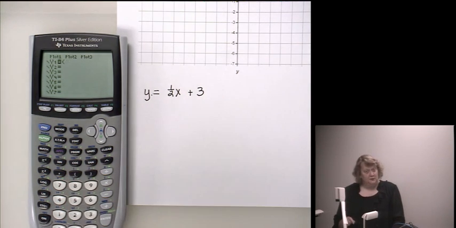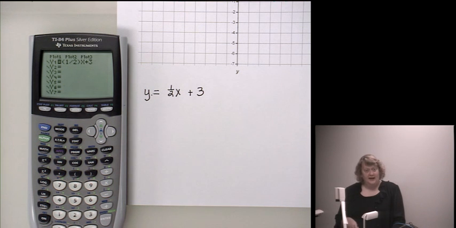If in doubt, put parentheses, which is 1 divide 2 parentheses. This happens to be one place where we don't need parentheses, and I tend not to put them in here. But it does make it look more like a fraction to put it in the parentheses, plus 3.